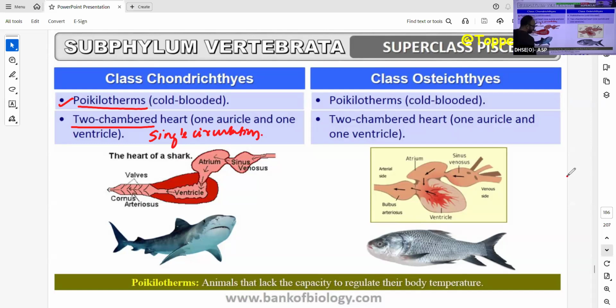The two-chambered heart and single circulation. Fine. They are poikilothermic, that is cold-blooded. Means they cannot regulate body temperature. Since they are unable to regulate their body temperature, therefore they are referred to as poikilothermic. Fine. Okay.